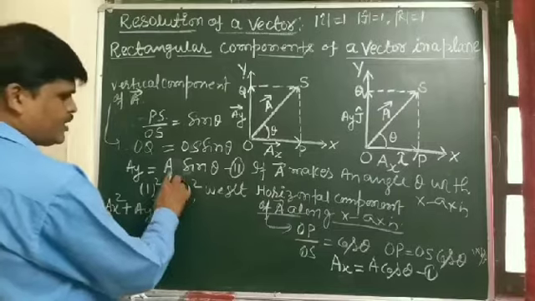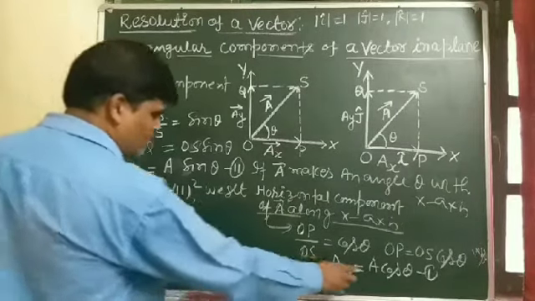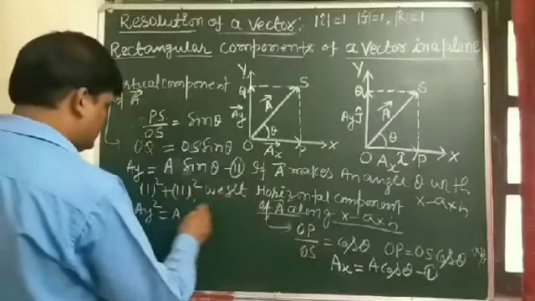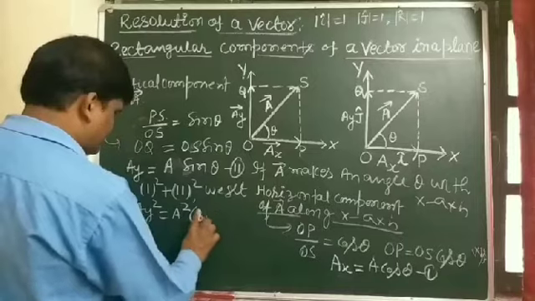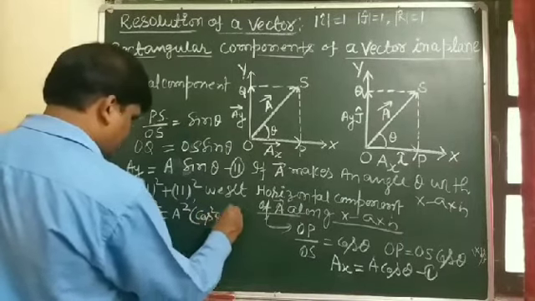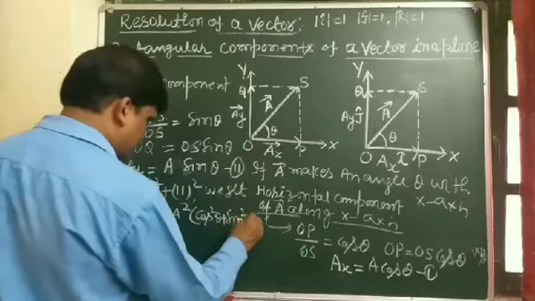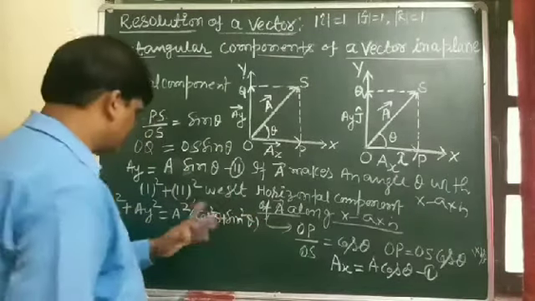On the right hand side, A square is common, so it is A square times cos square theta plus sin square theta, and sin square theta plus cos square theta is 1.